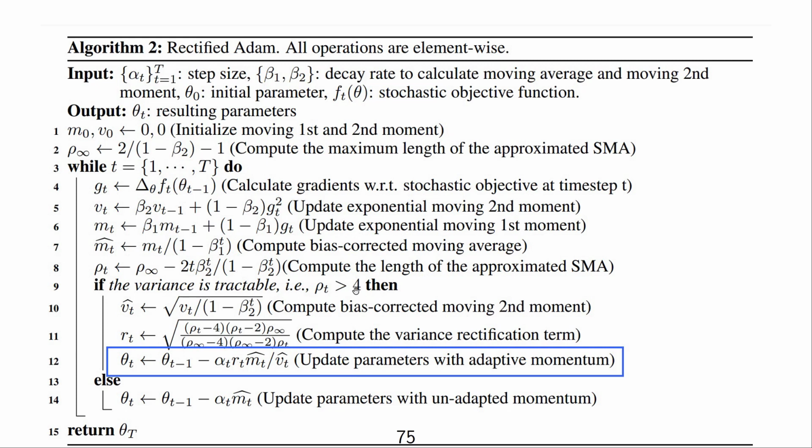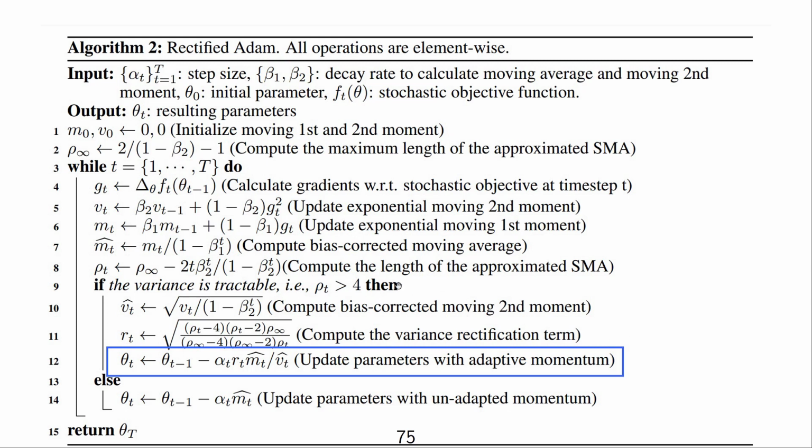This would be fairly similar. This is the case that happens after a while, and the main change here is that there's this variance rectification term. Also, the name Rectified ADAM probably comes from this term.